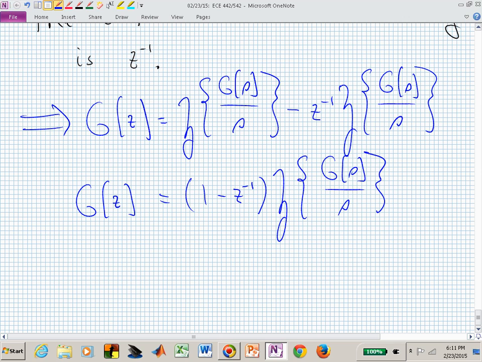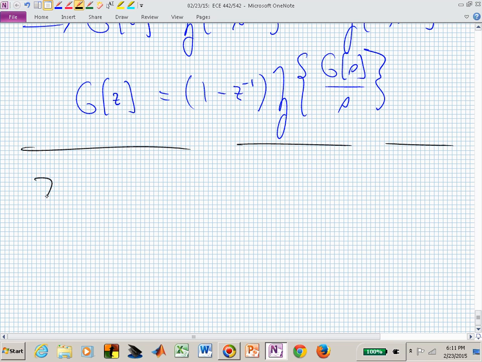That's just an expression involving Z or Z inverse, depending on how you write it. That's what we want. So we've just derived the way to compute the zero-order hold equivalent of a particular expression, capital G of S.